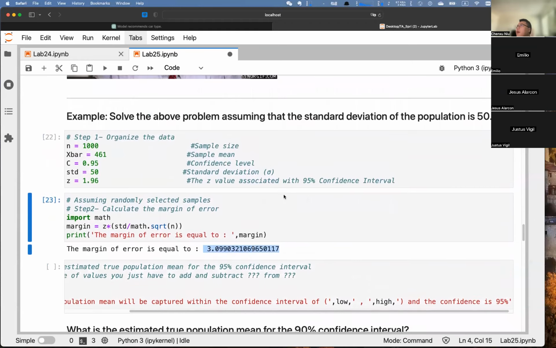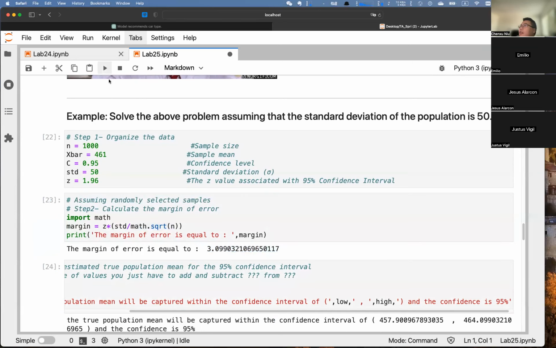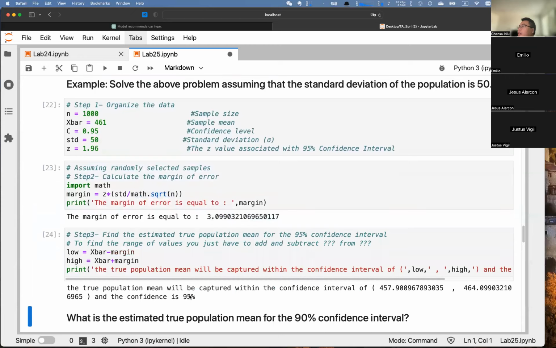It's very small, right? Because it's the Z value multiplied by the standard deviation divided by the square root of the sample size, right? And after that, the result would be 95%. It's very, very small, right?